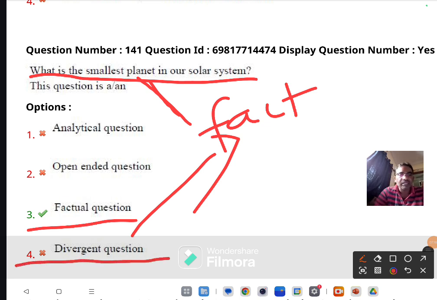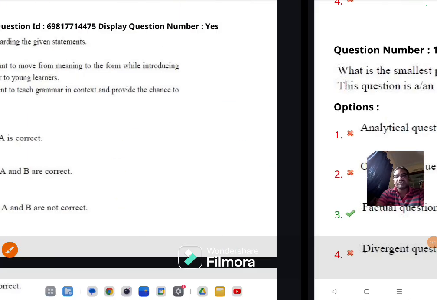There are convergent and divergent thinking. A divergent question means where one answer is not final, so you can find more answers one after another. That is divergent. So try to understand the types of questions.